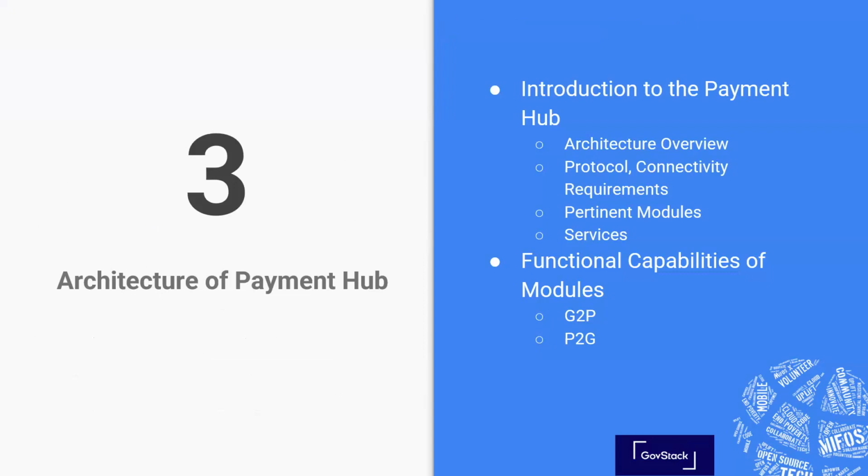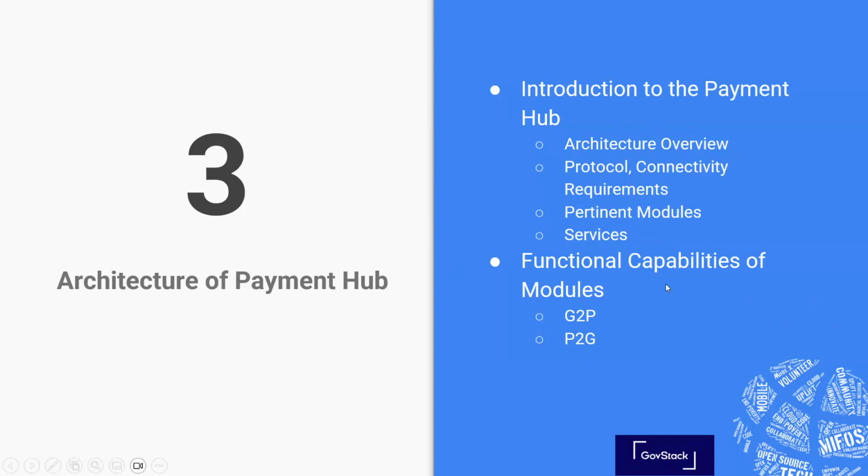Now we come to the section where we will be talking about the architecture of the payment hub, the main solution that we have used to implement the payment building block. We'll be giving you just a brief run through of what you can expect in this. We'll give you a brief overview of the architecture, how the payment hub has been implemented, and how payment building block layers have been meshed into it.